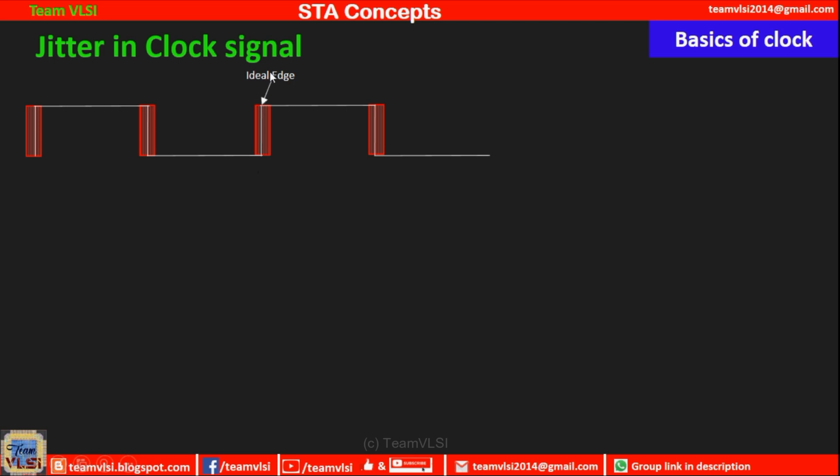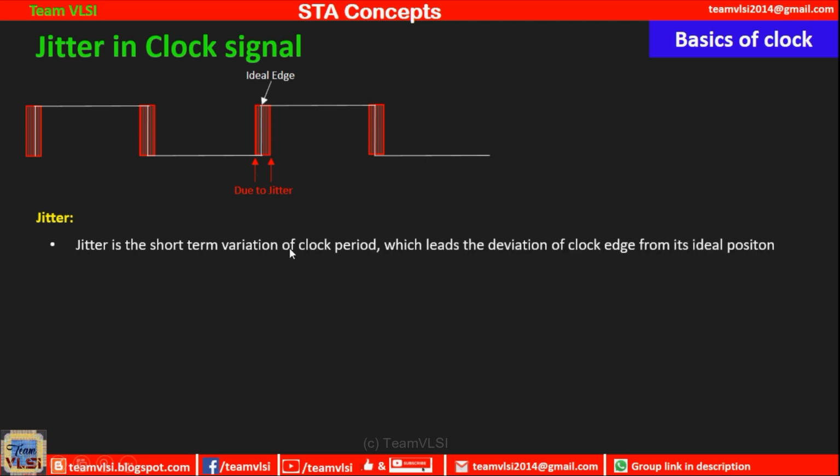This is the ideal edge, and due to jitter, your clock edge may come anywhere from here to here. This type of variation in the occurrence of edges is called jitter. So jitter is the short-term variation of the clock period which leads to deviation of the clock edge from its ideal position, or we can say it is the inability of the clock source to produce a clean edge.